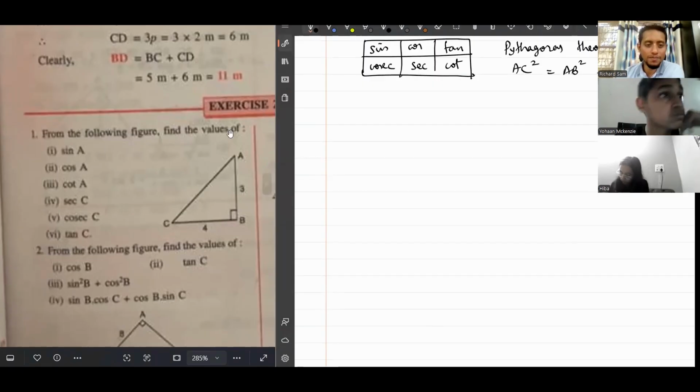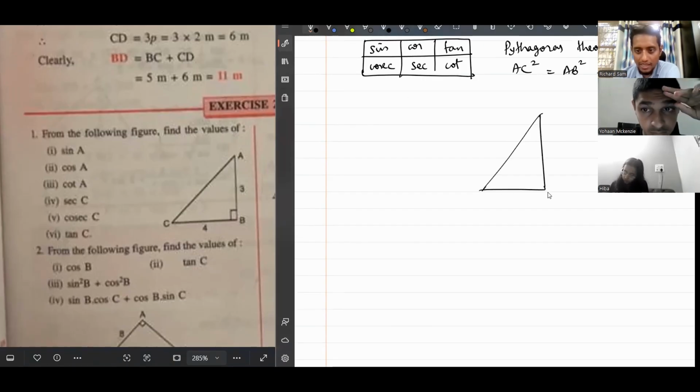From the following figure, find the values of sine A, cos A. They're asking you to find sine A. So we have a triangle here. This is a right angle triangle, and they have given 2 sides, 4 and 3. We need to find the hypotenuse. Because we have 2 sides, you can find the hypotenuse using the Pythagoras formula. So we need to find AC.